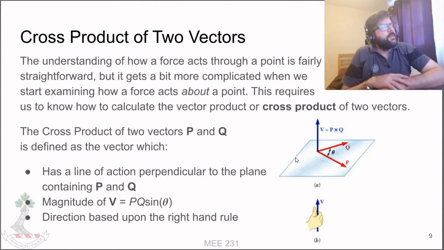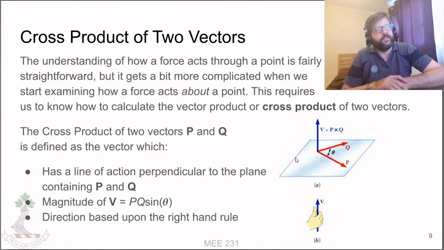I'm sure you guys will remember from one of your math courses last semester the concept of a cross product. This is necessary to understand how a force acts about a point. So we need to be able to calculate the vector product or the cross product of two vectors.